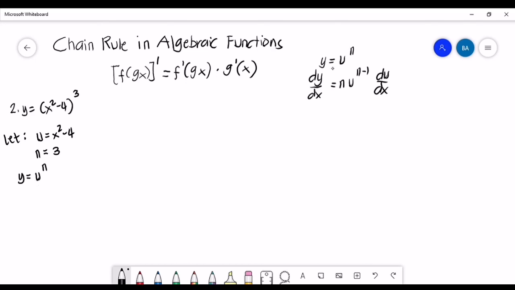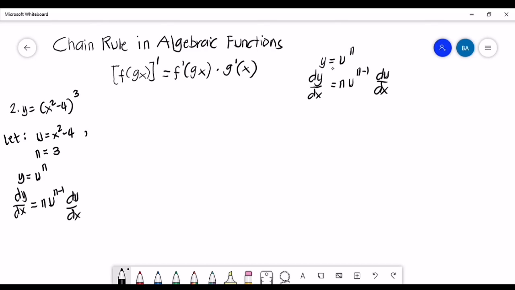So if we're going to derive this one, dy with respect to x, our answer would be n times u raised to n minus 1, times the derivative of u with respect to x, right? With this substitution technique, our n is already here, and our u is already present, which is x squared minus 4.